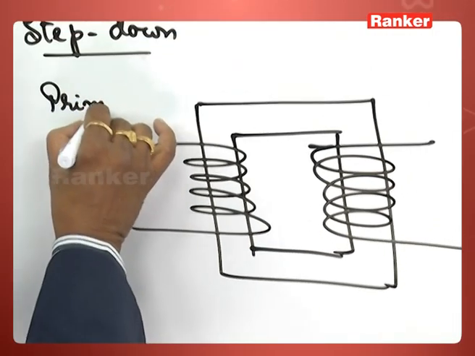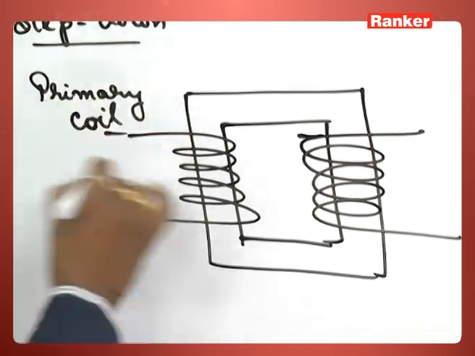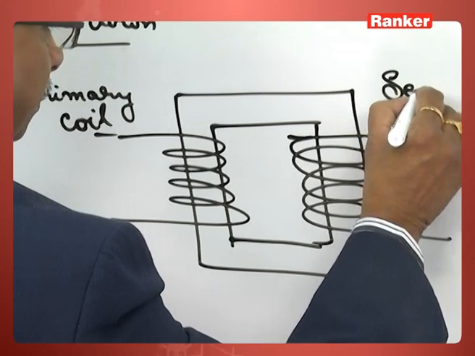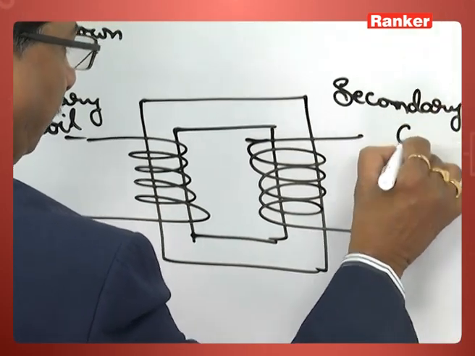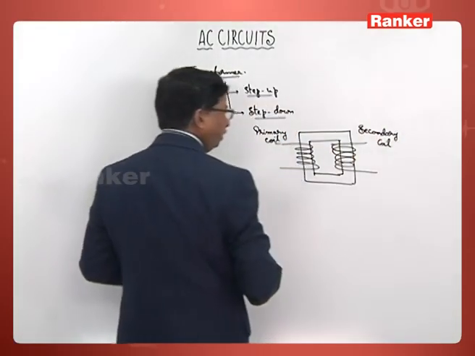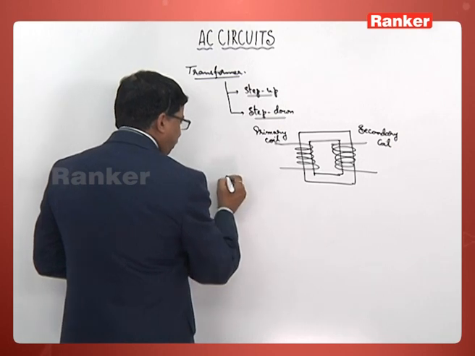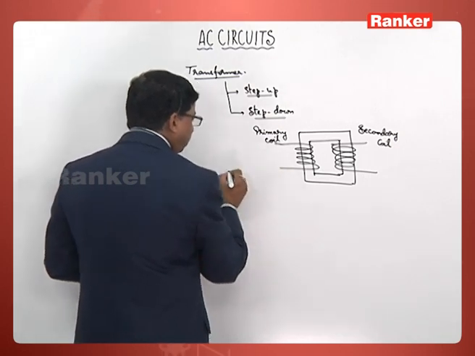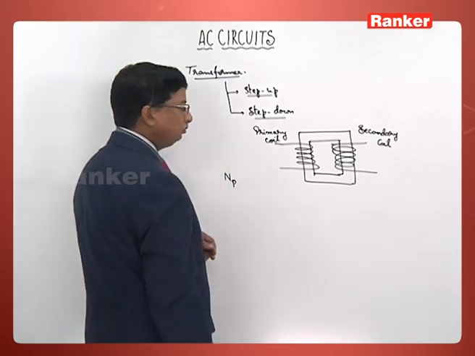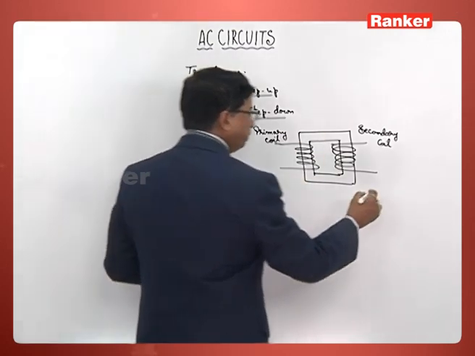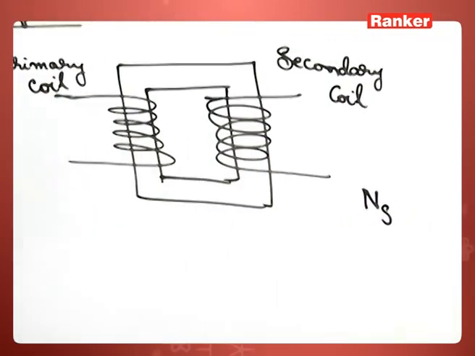This is what we call the primary coil, and this one we take as the secondary coil. The number of turns in the primary coil, I can write as N primary. The number of turns in the secondary coil, I take as N secondary.